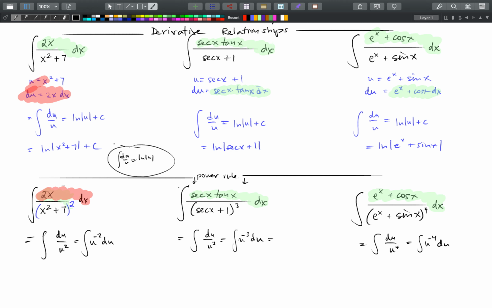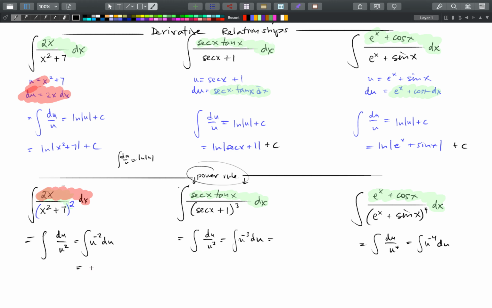That was the pattern that related to all three of these problems above. Downstairs, it's all about the power rule. So it's a very small modification between one problem and the other, and that's one of the things to keep in mind when you're working through these antiderivatives. Let's actually finish through all of these. Go back and add my c here, add my c here. Let's finish this last one.